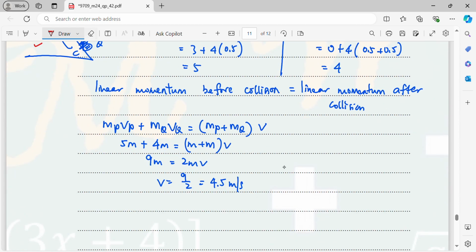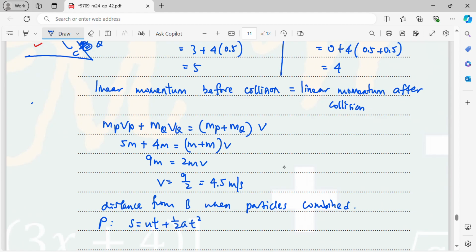So now I need to write down, I need to calculate distance from B when particles combine. So I refer to particle P. So S equals to UT plus half AT squared.